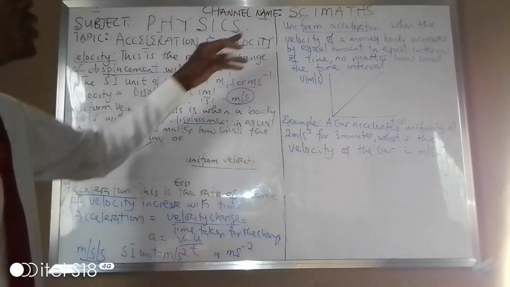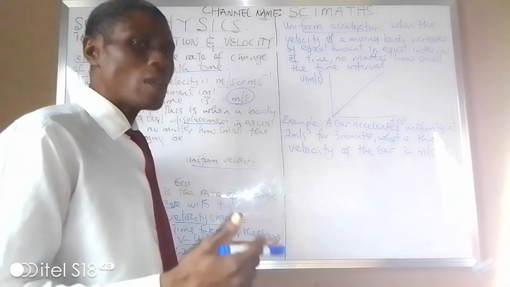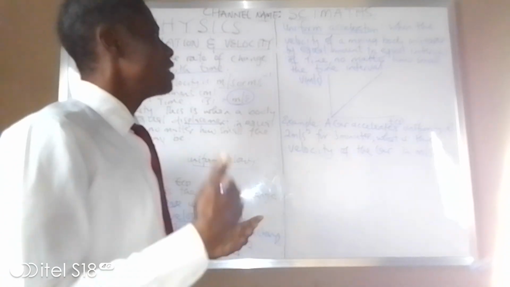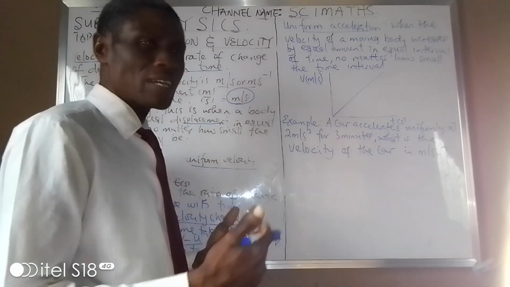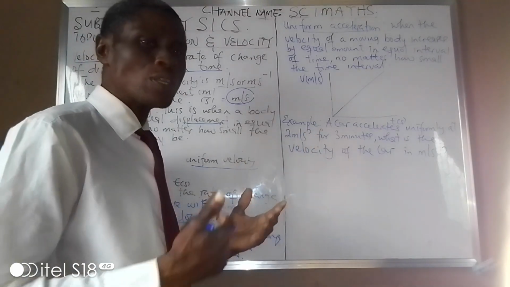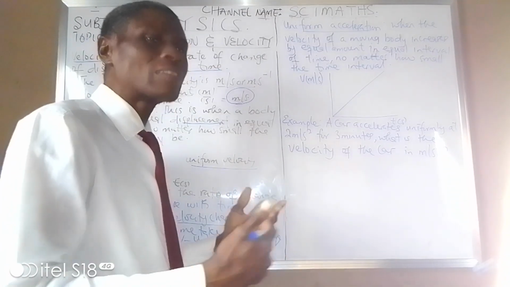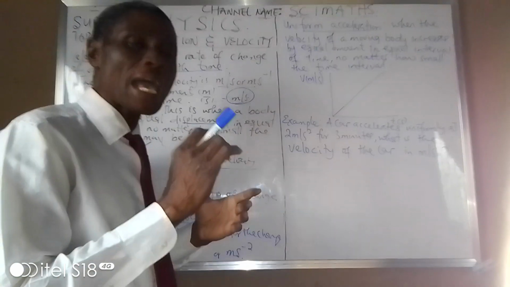Now, what is called uniform acceleration? Uniform acceleration is when the velocity of a moving body increases by equal amounts in equal time intervals, no matter how small the time may be.